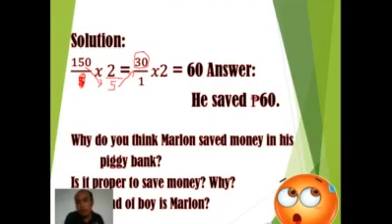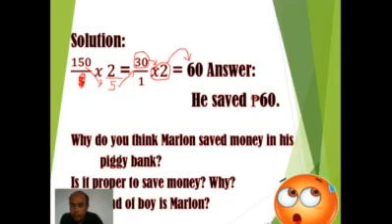Alright, so now we will multiply 30 by 2. 30 times 2 will give you 60. So therefore the answer: he saved 60 pesos out of his 150 pesos.